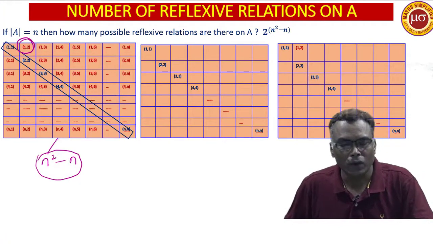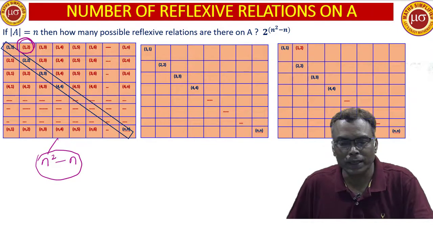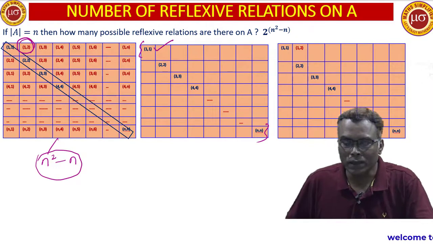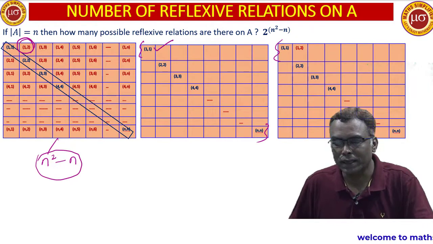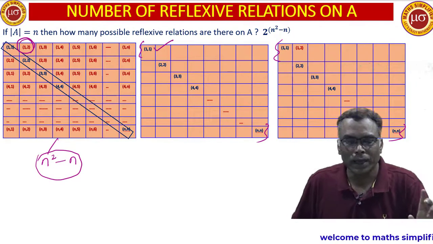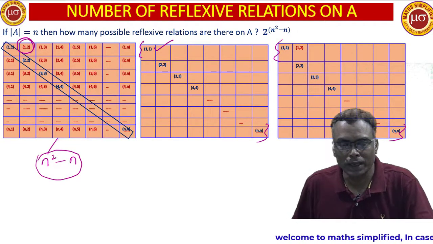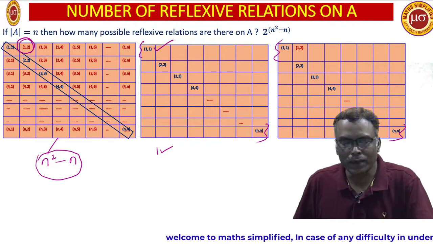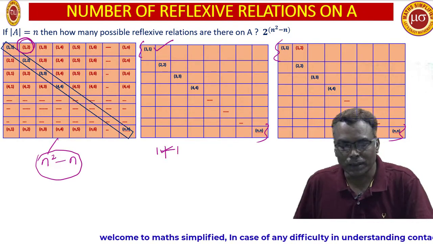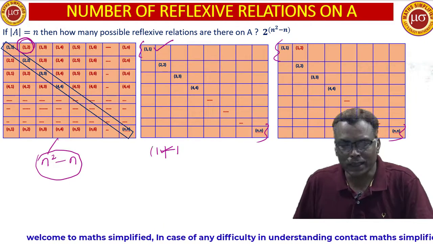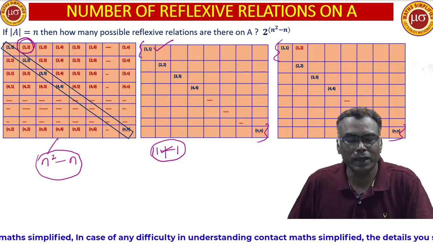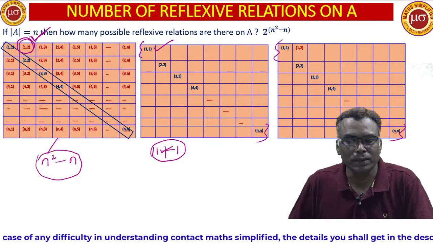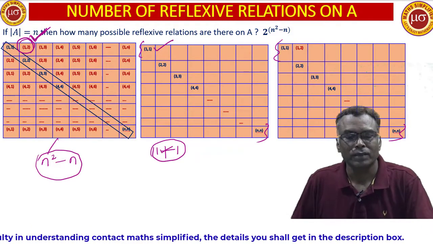If I will not include (1,2), I will get this relation, all these elements containing (1,1), (2,2), ..., (n,n). If I will include this, then I will get this relation. So, if I will not include, I will get one reflexive relation. If I will include, I will get another reflexive relation. So, in each case, for each element, I get two reflexive relations.